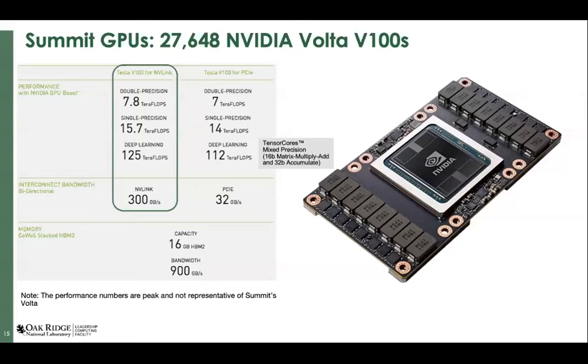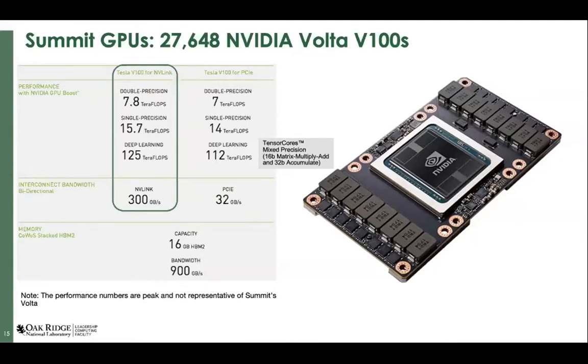The GigaThread engine is responsible for distributing work amongst the SMs, and the 8 512-bit memory controllers control access to the 16 gigabytes of HBM2 memory. There are also high memory nodes supported, and they have 32 gigabytes of HBM2 memory. Now, these Volta GPUs use NVIDIA's NVLink interconnect to pass data between the GPUs, as well as from CPU to GPU.